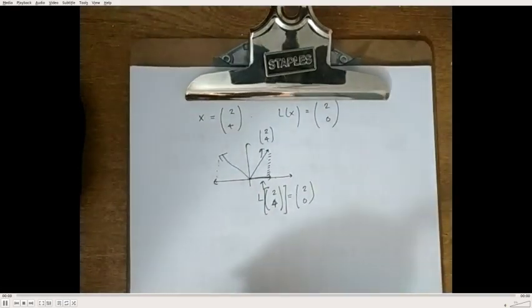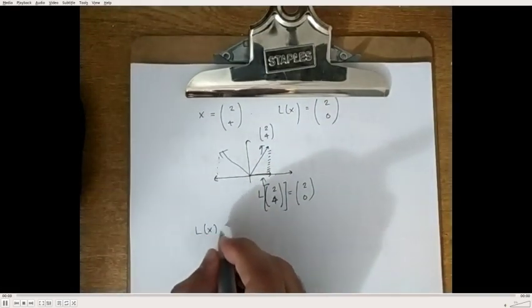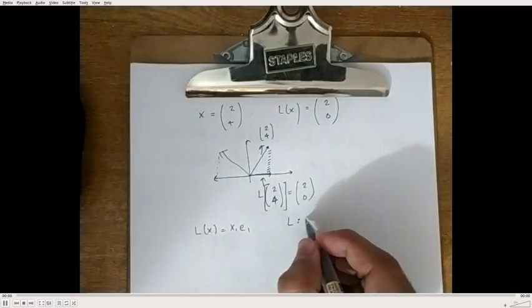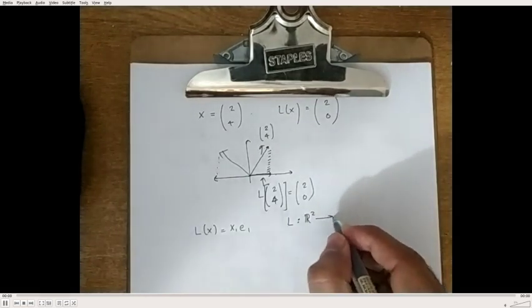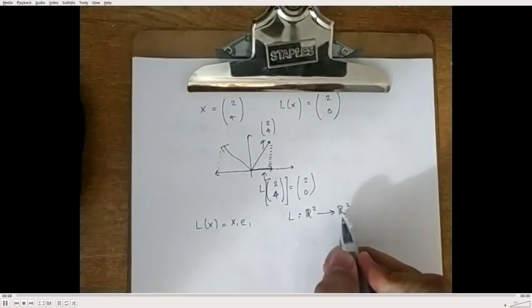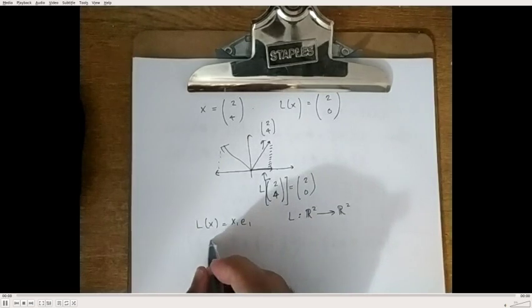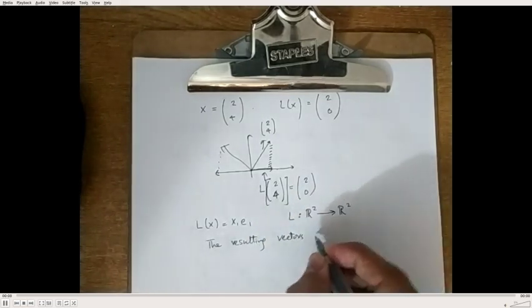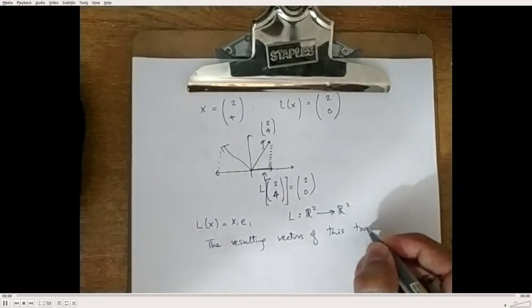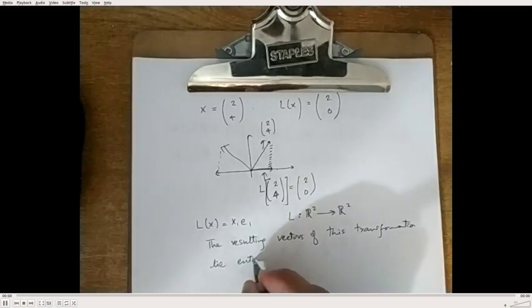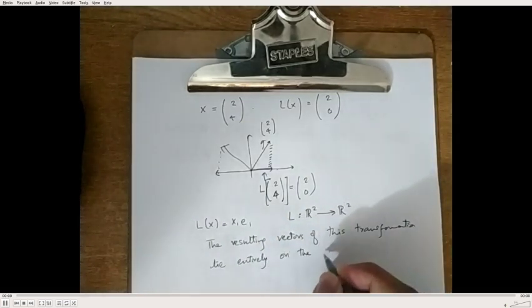If you think about it, what L of x equals x1 e1 is doing is taking vectors from R2 and mapping them into R2, but it's not mapping them onto all of R2. You can say that the resulting vectors of this transformation lie entirely on the x-axis.